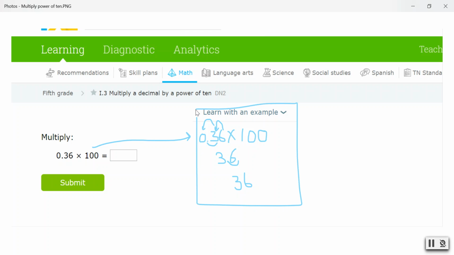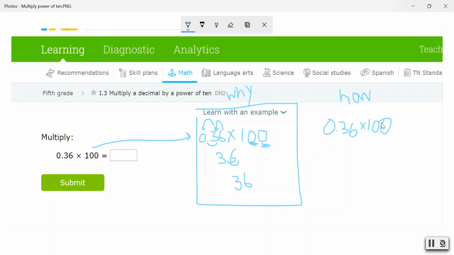But now let's do the how in a very simple, short way of thinking of it. The how is basically I just count the number of zeros that I'm multiplying by in the factor of 10, and that's the number of times I move the decimal point. So in the example of our problem, I'm going to take 0.36 times 100.